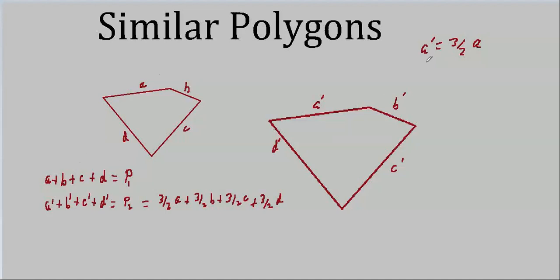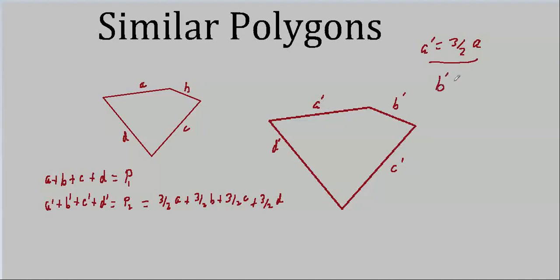And this ratio has to hold all the way through. If it doesn't, they're not similar. The fact that one side on this polygon is proportional to this side on this polygon, the fact that these two sides are proportional, that's not enough to produce similarity. Every side has to be proportional, and it has to be the same proportion.